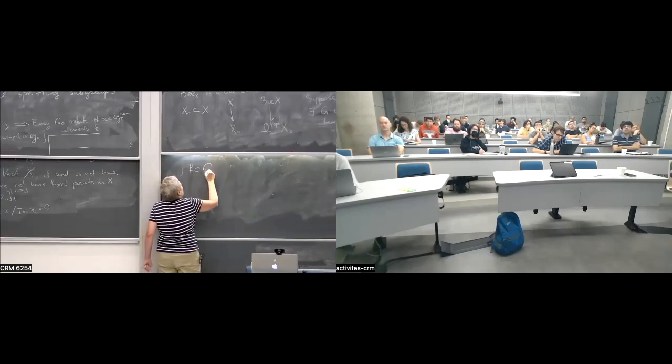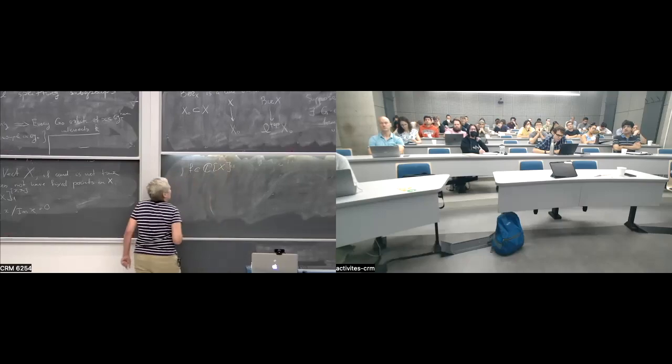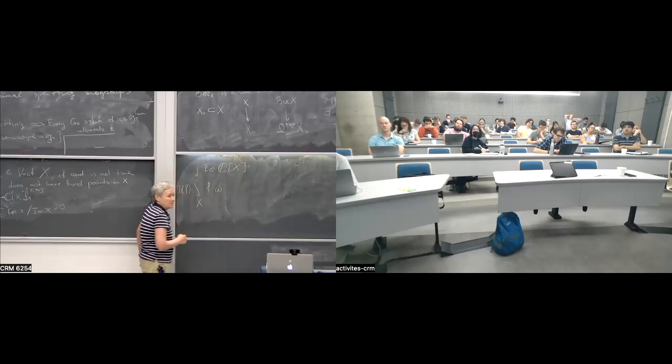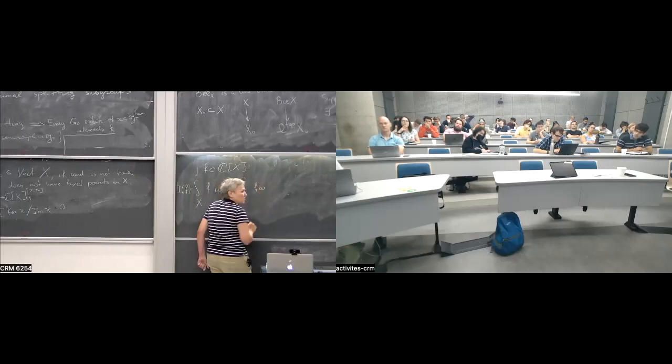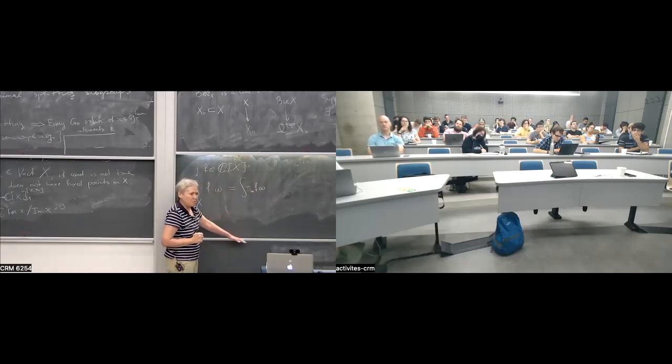Okay, so what I can do is, suppose I have any function f in C of X. I can take the Berezinian integral I of f, and I have to explain what this integral is. Here I'm going to take f omega, which is another form. I can take the push forward. Okay, push forward is exact in this case.